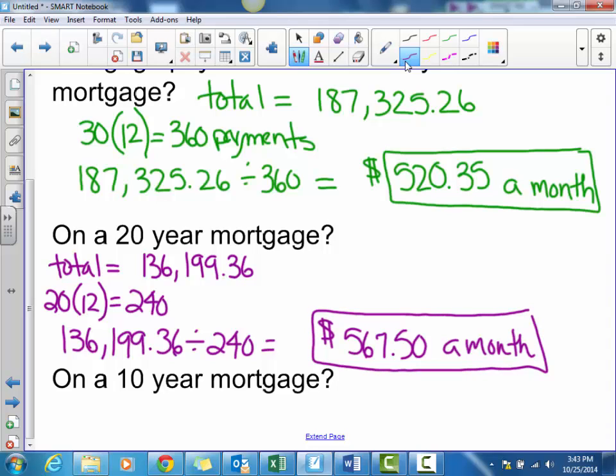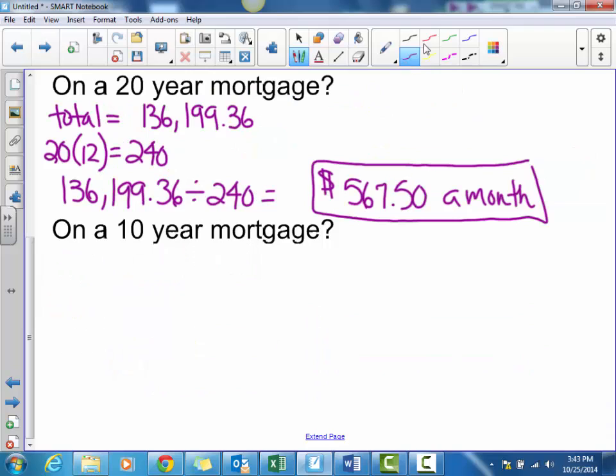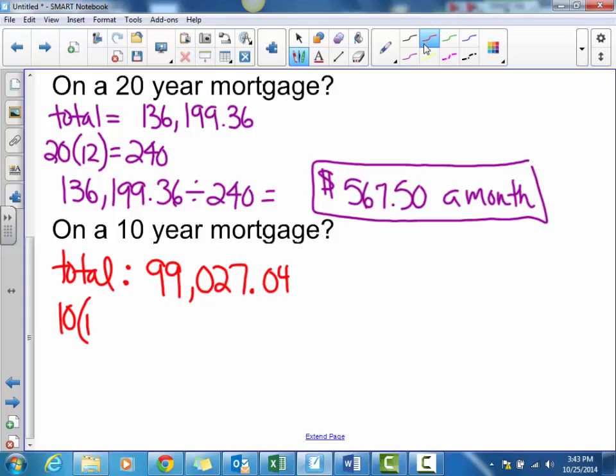Lastly, let's calculate the monthly payments on a 10-year mortgage. So I need the total amount owed, which is $99,027.04. And I'm going to take that total and divide it by the number of months in a 10-year period. So 10 times 12 is 120.